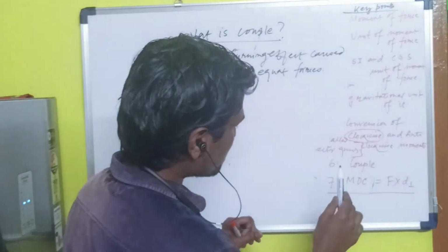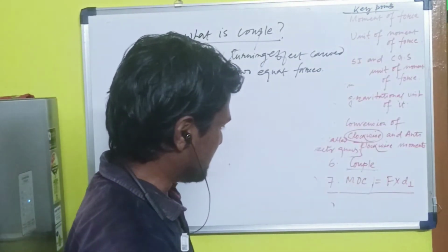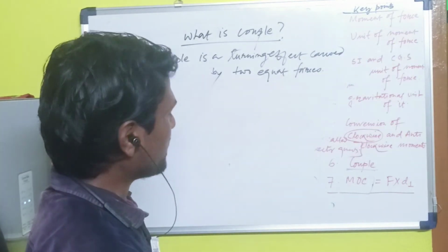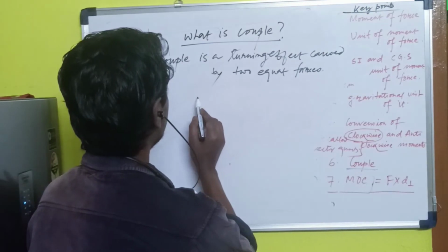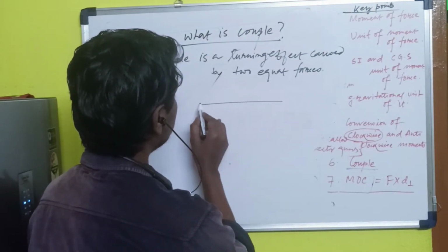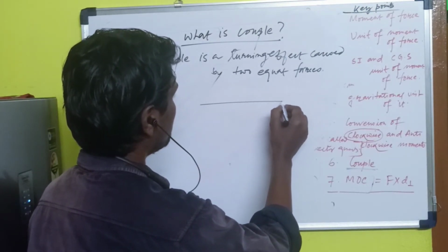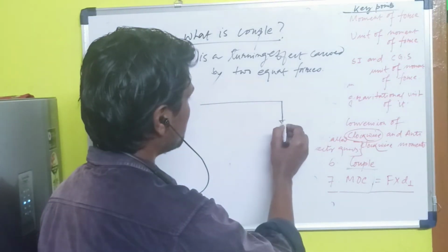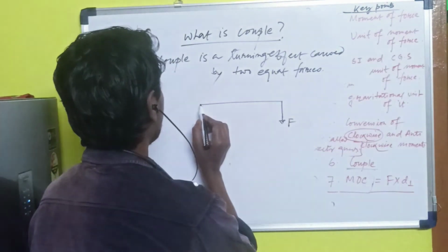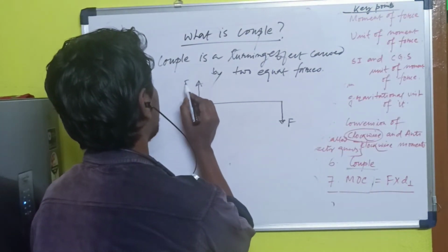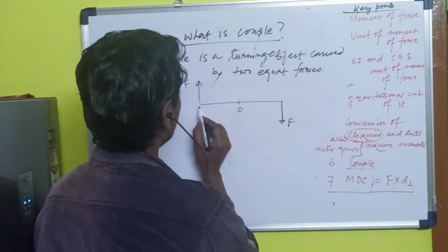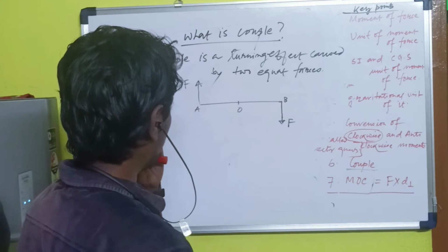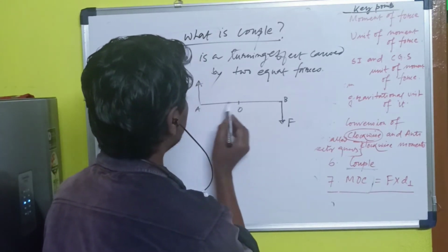The next concept is MOC, moment of couple, equal to force into perpendicular distance. Suppose this is a bar, like a steering wheel. This is a force and this is another force F, and this is a particular point O, with A and B at the two ends. That distance is OB and this is OA.